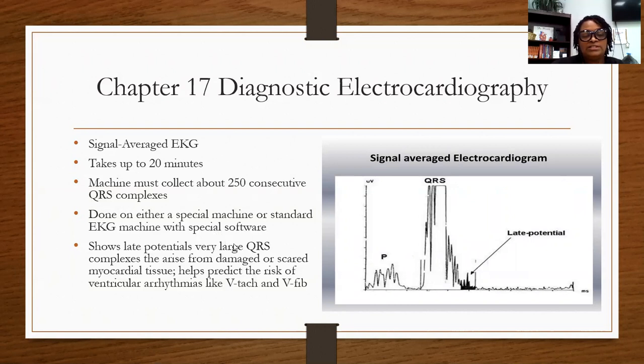What this shows is late potentials, and that's what these very large QRS complexes are. These arise from damaged or scarred myocardial tissue, and this helps the doctors to predict a patient's risk of having ventricular arrhythmias, such as VTach or VFib.